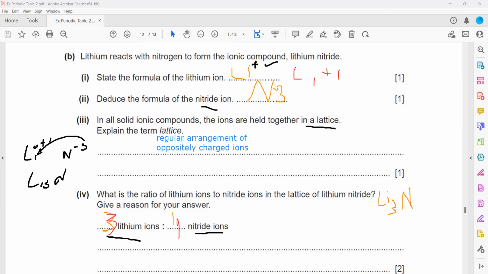And give a reason why: to balance the charges. We need 3 lithium and 1 nitrogen. Three lithium will lose 3 electrons, and these are taken by the nitrogen, so the charge will be balanced.